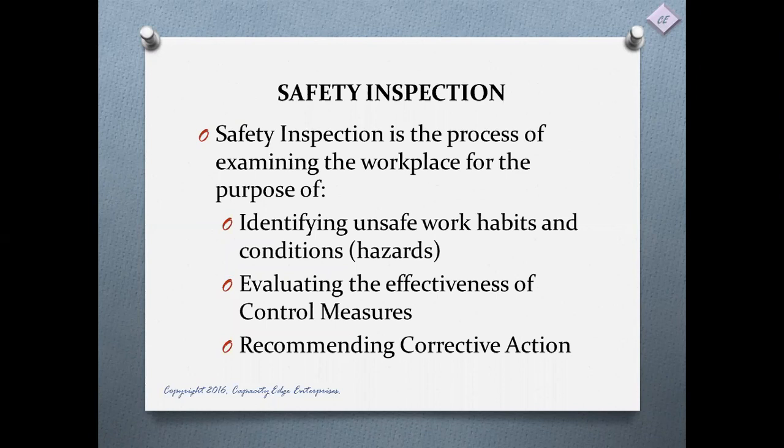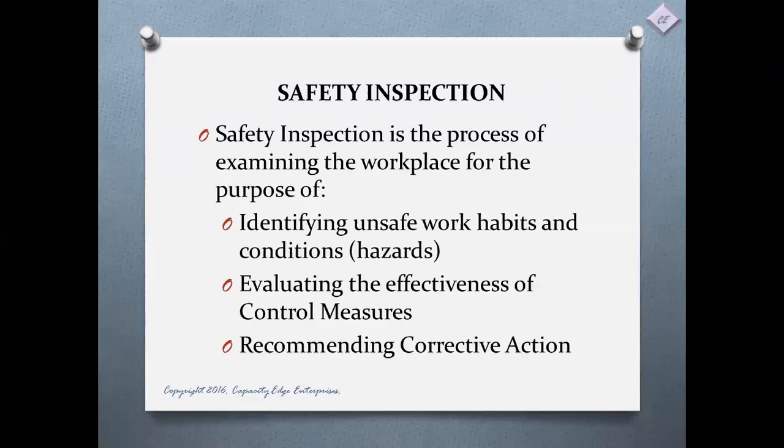So today we'll be looking at the concept of safety inspection as it connects to the field of occupational safety and health. So a safety inspection is the process of examining the working environment.